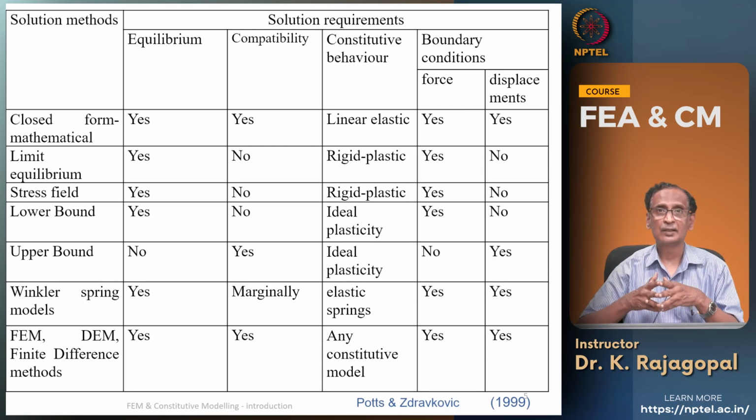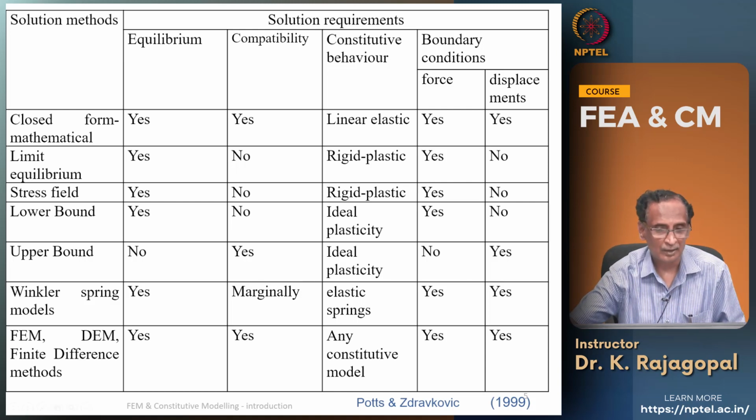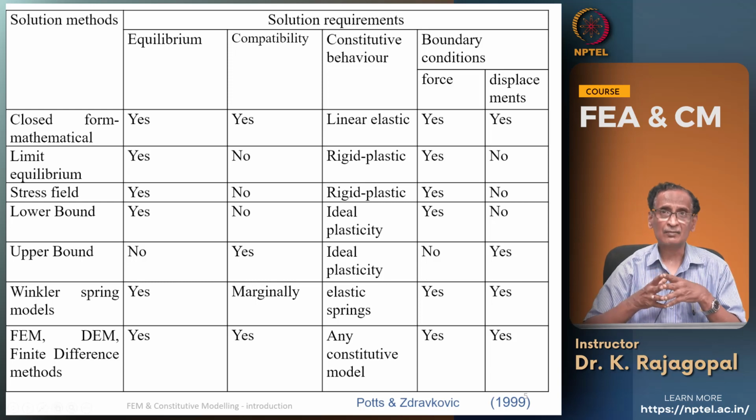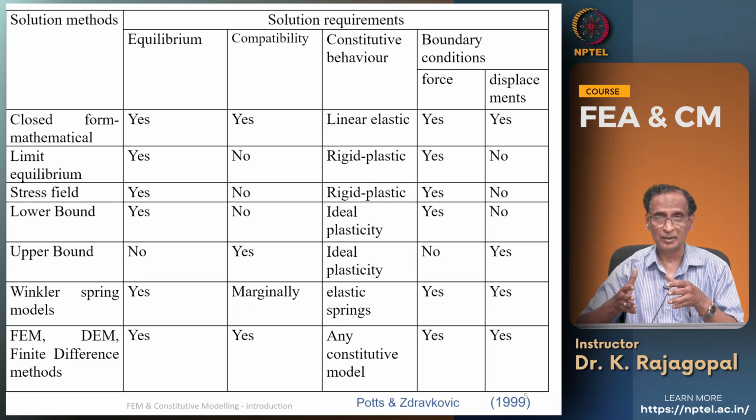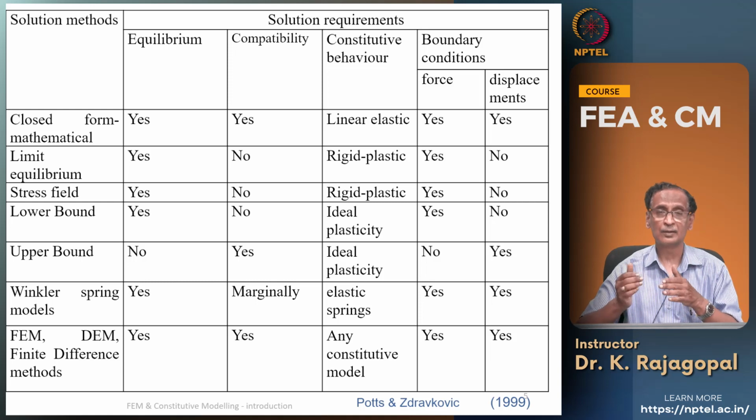That is also a very simple method where we can satisfy only some conditions and we will not be able to get the displacements. And then the lower bound and upper bound methods are also limited in their capabilities because we have only a simple constitutive model, and we are not satisfying all the conditions like equilibrium, compatibility and constitutive matrix and so on.